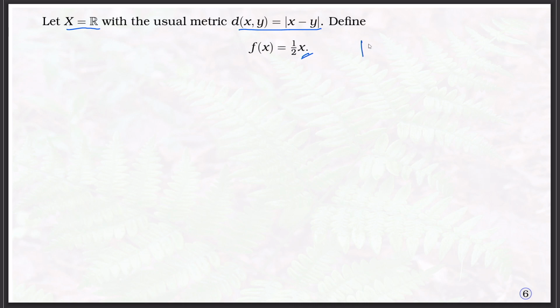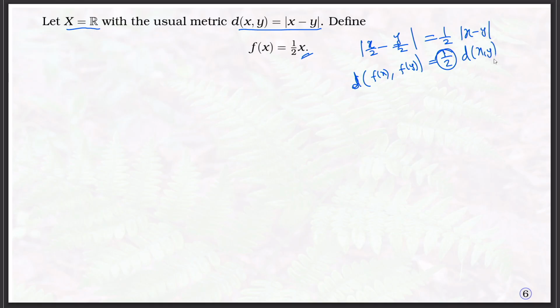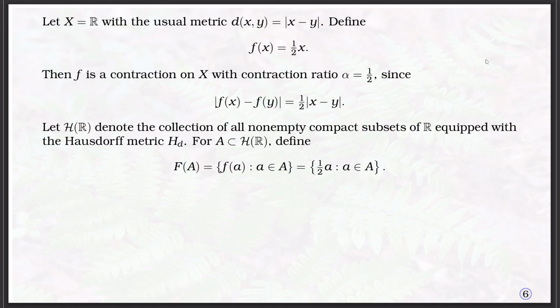So, find the distance between x by 2 and y by 2. One can get 1 by 2 times the modulus of x minus y. So, it means that the distance between f of x and f of y is equal to alpha times, where alpha here is 1 by 2, the distance between x and y. So, the contraction ratio here, alpha, is 1 by 2.